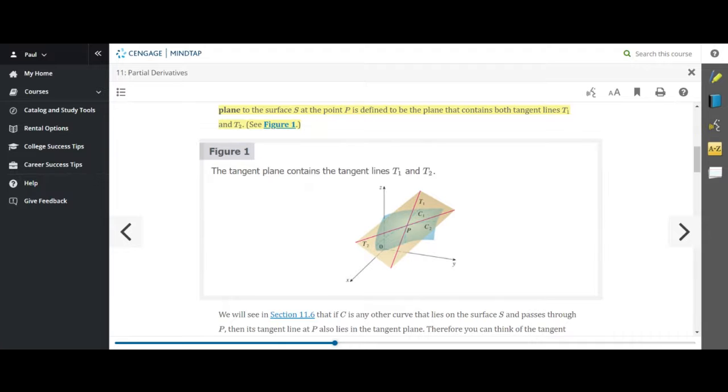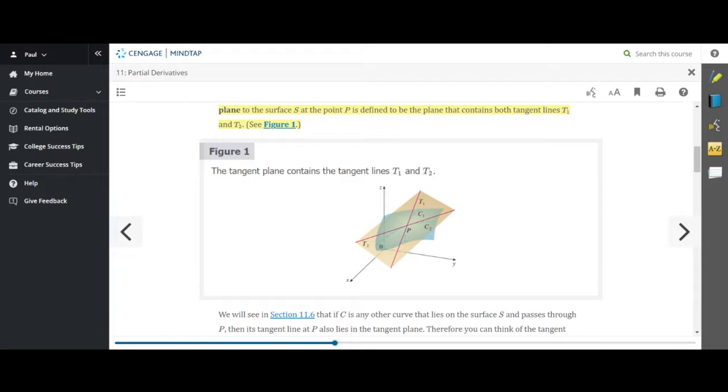So you have the intersection of the surface with two different vertical planes, one being x equals a value and the other being y equals some value. Those are the curves on the surface, C1 and C2. Now you also see there are tangent lines at that point P, tangent to those curves.